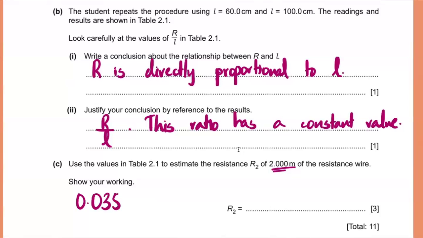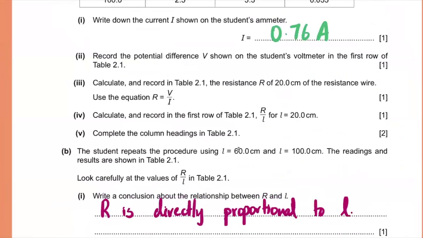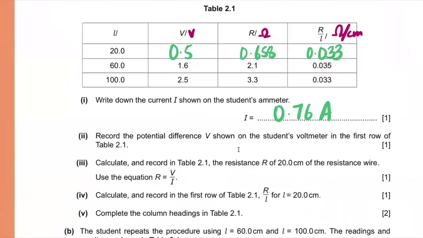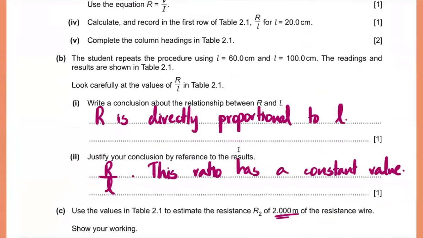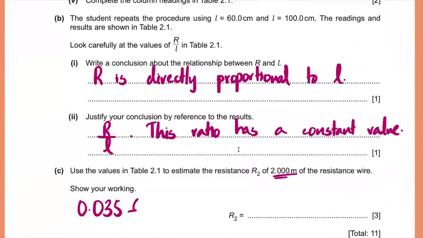Because you had two of the same values, you can take any one of these values for working. And then you multiply, because this is resistance per unit length, so this is ohms per centimeter. You multiply by the length, which is 200 centimeters, so you can see that you get your ohms back again. 0.035 times 200 is 7 ohms, 7.0 ohms. Let's write it like this, because this should also be 2 SF.